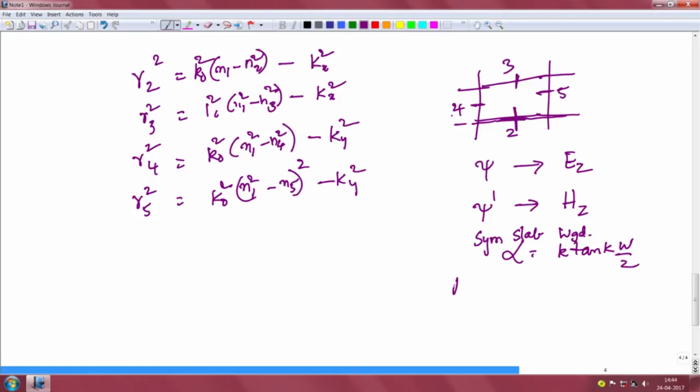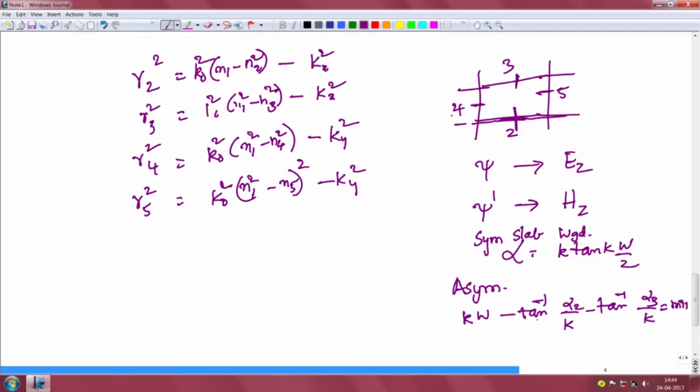And in the case of an asymmetric slab waveguide, we also have a combination of this, like k multiplied by w minus tan inverse alpha by k and tan inverse alpha 3 by k.